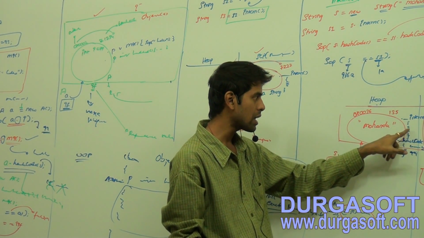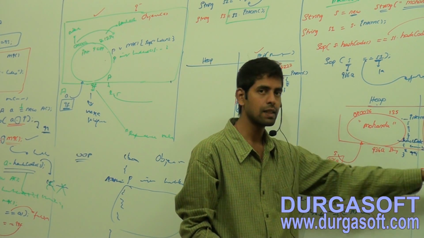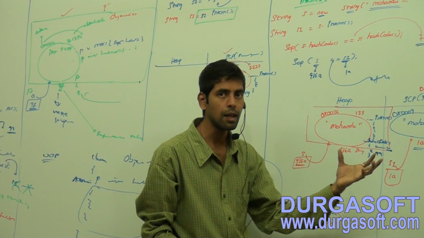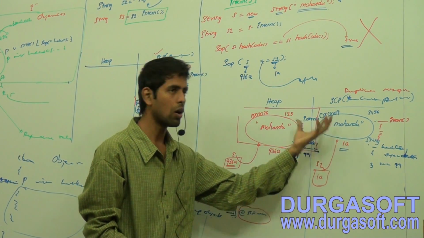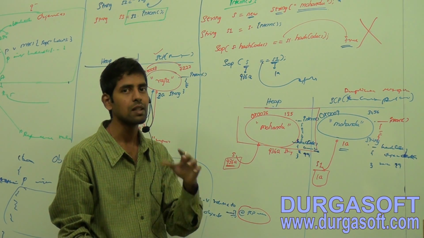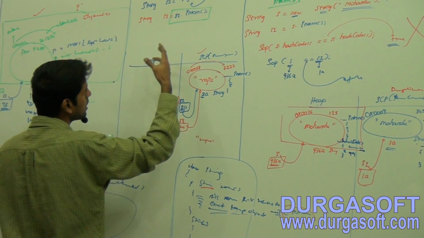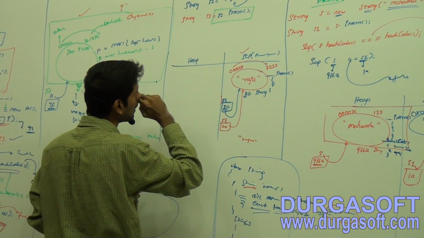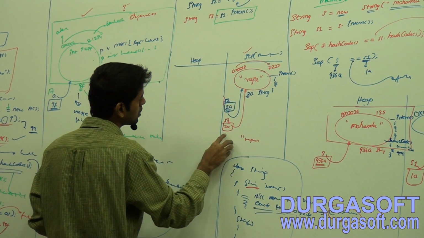So it will check, is there any object available at SCP with the same object data? If it is so, I will return that object reference. Otherwise, what is the condition we will do? Now it will return this object reference.